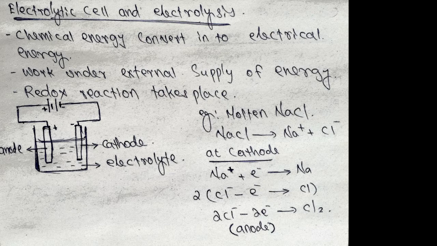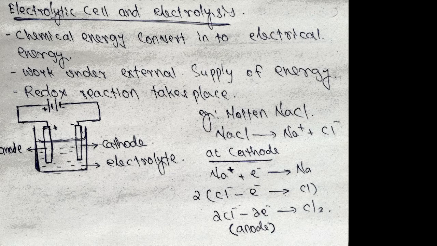The negatively charged electrode is called the cathode. The conducting liquid is the electrolyte. An electrolyte means a substance that passes electricity by its dissociation.